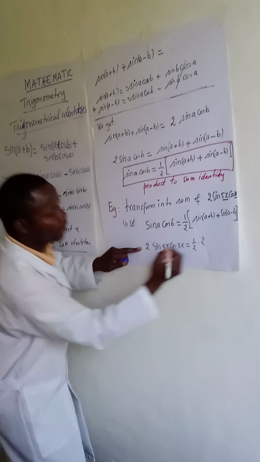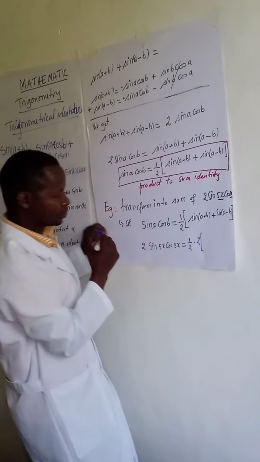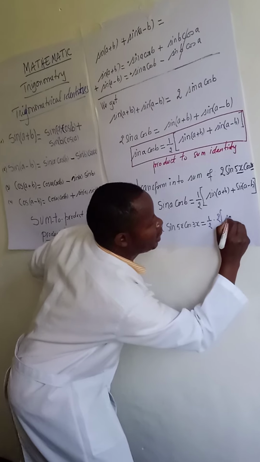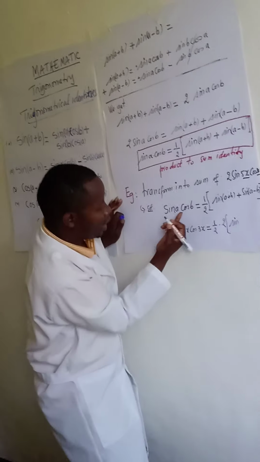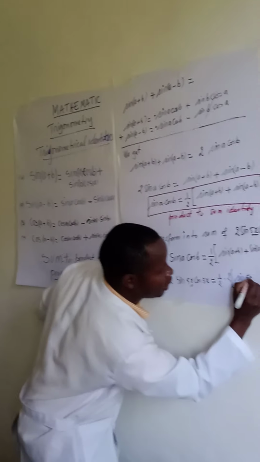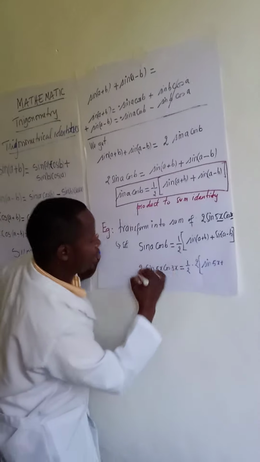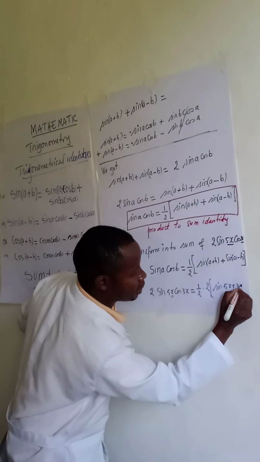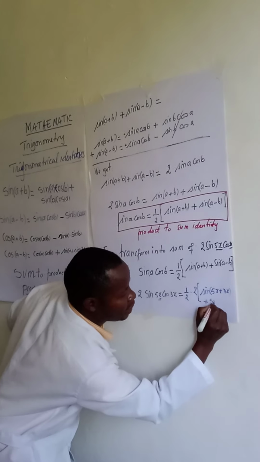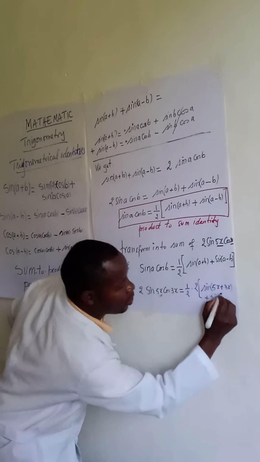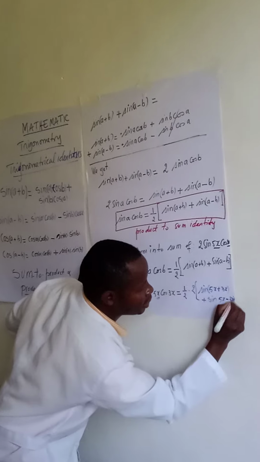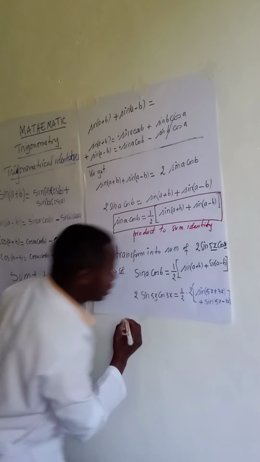Then of sine of angle A plus B, which is 5x plus 3x, bracket there, then plus sine of angle A negative B, 5x negative 3x, also the bracket there.